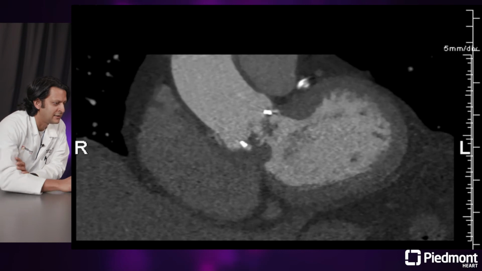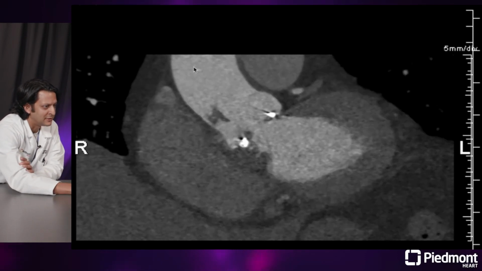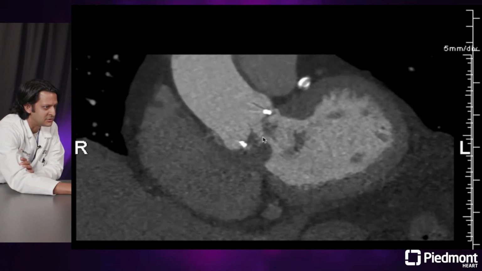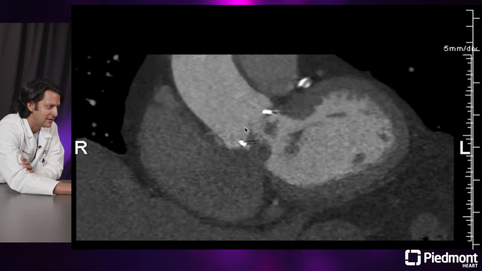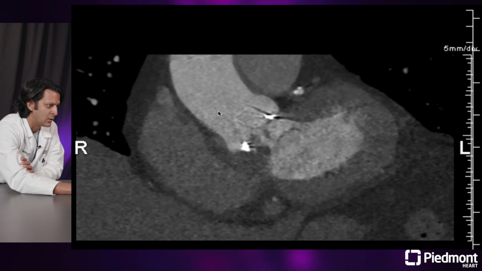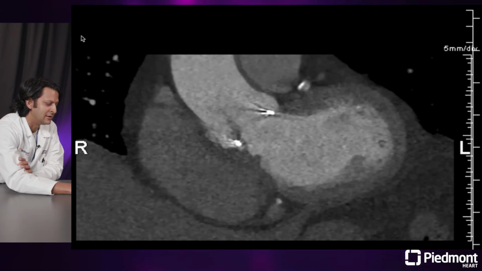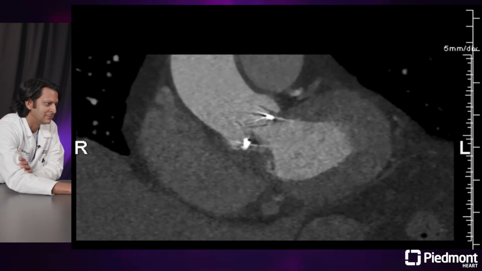So this first case here, you can see there's a large vegetation attached to one of the leaflets that's flipping in and out. You can see this in the LV outflow tract and flipping up into the aorta there, very nicely imaged here on CT.